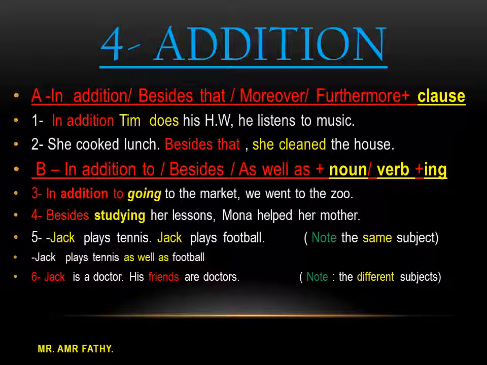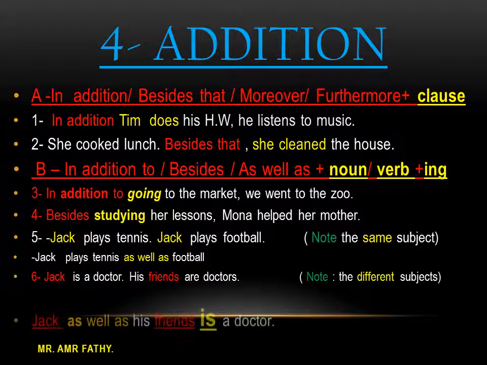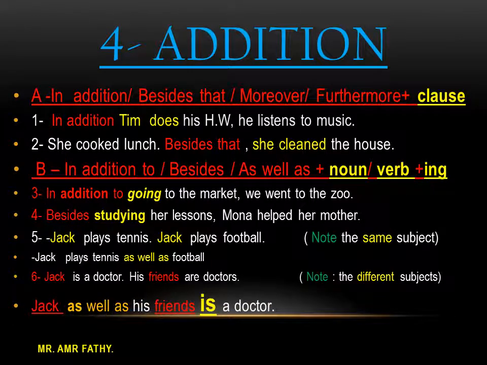So how can I deal with this sentence when I use as well as? If you want to use as well as, the sentence will be like this. Jack, take care, Jack as well as his friends is a doctor, and please take care because here in this sentence the verb follows the first subject.